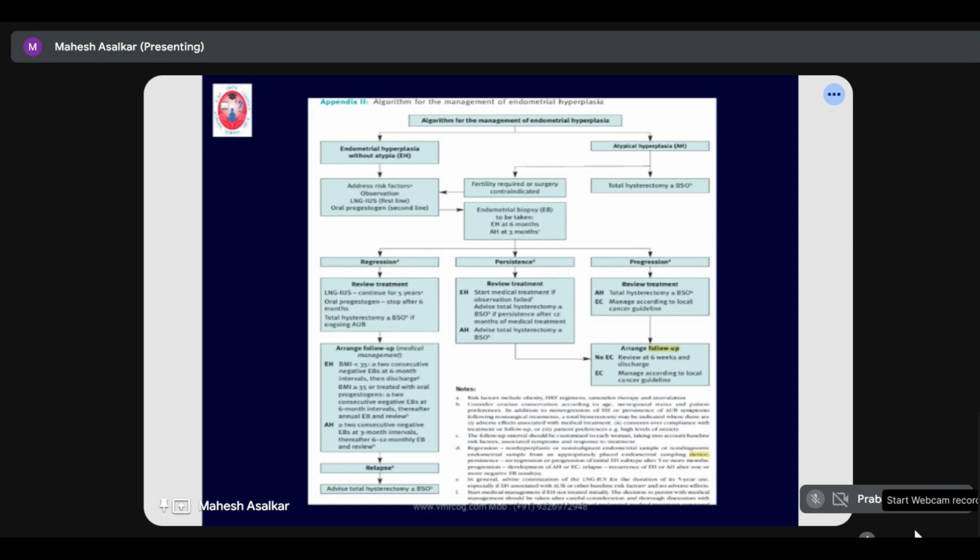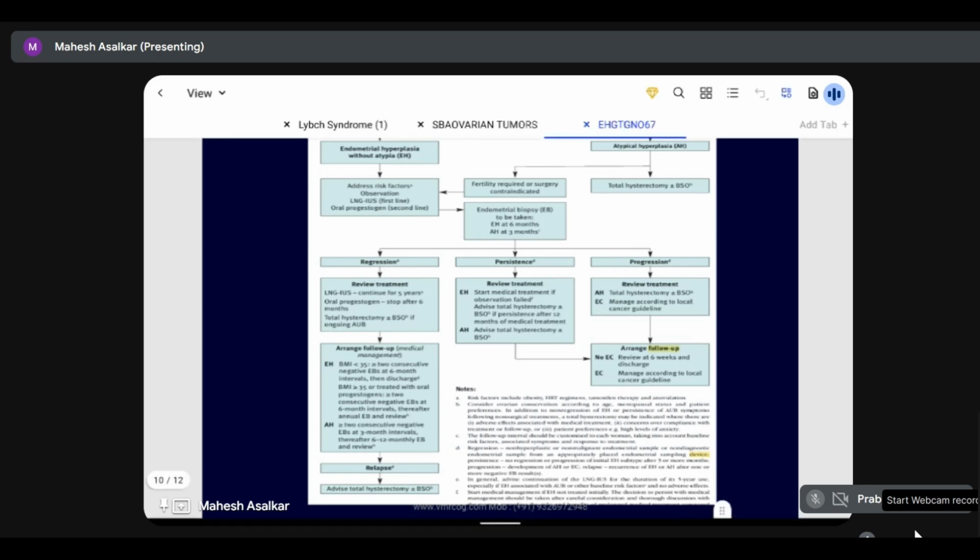That means observation has failed, then we will start with the medical treatment. And advise total abdominal hysterectomy plus minus BSO if persistence after 12 months of medical treatment. If she is not on any treatment, in that case we will start her on oral progestogen or IUS. IUS will be the preferred.